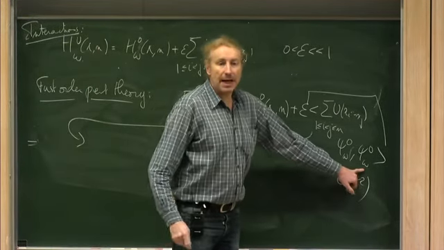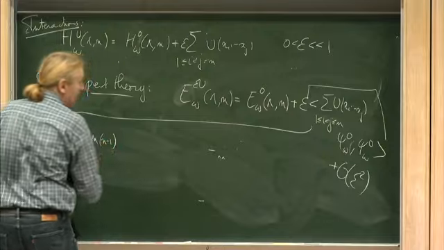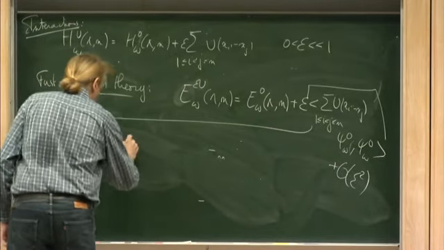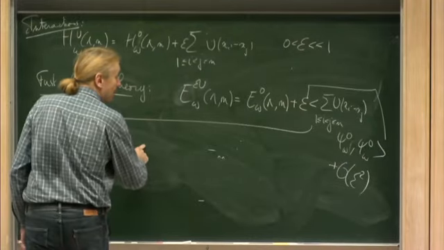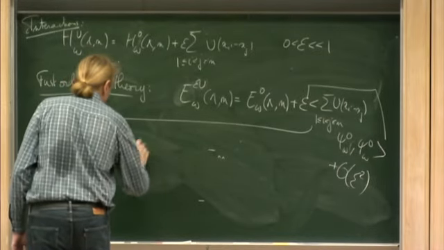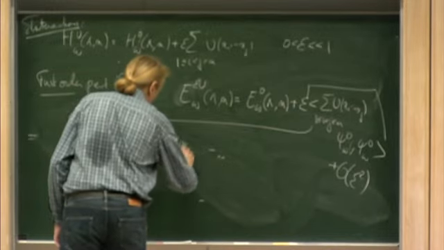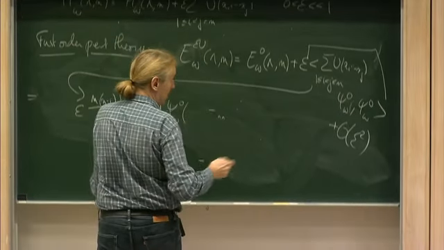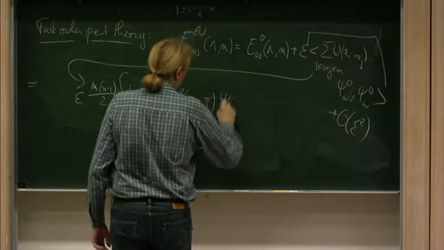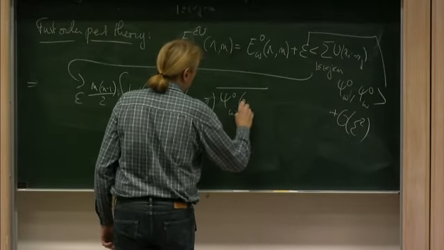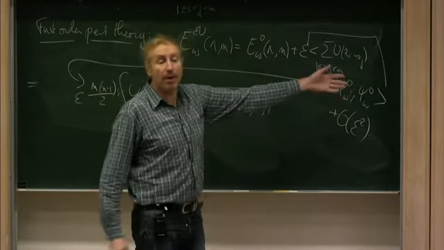Because these are totally antisymmetric, it's the same thing as n minus 1 over 2 times epsilon, of course, times the integral of u of x minus y, with Psi_omega^0 of x, y, z-bar, times Psi_omega^0 bar of x, y, z-bar. You just fix two variables. You can fix any of them.